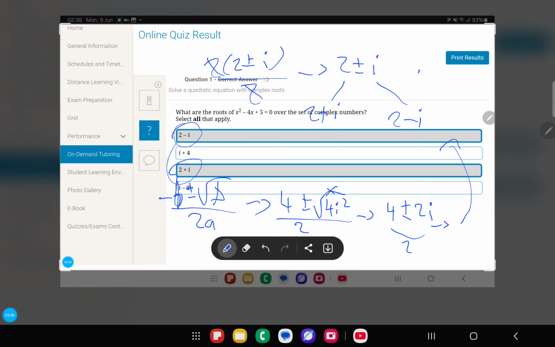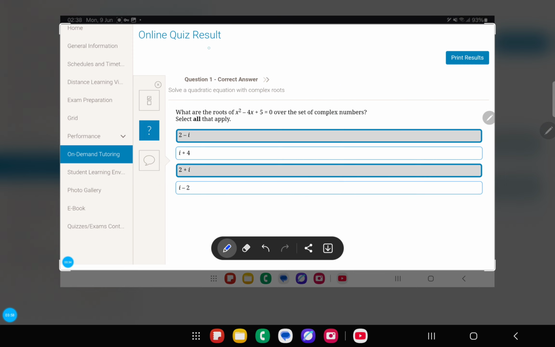That's it. So to recap, you use a rule to find delta: b squared minus 4ac. Oh, I forgot to say that if delta is negative, then it's complex, so you add i.